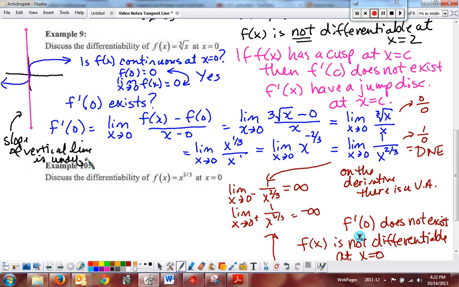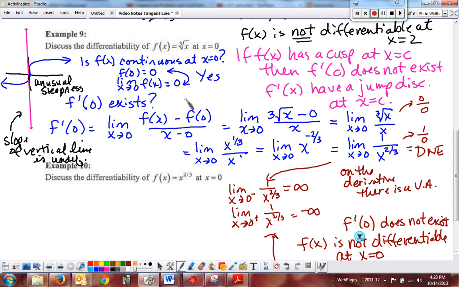Kind of our classic Algebra 1 definition here. And what's happening here is when we have this kind of coming in, this portion of the graph has what we call unusual steepness. And when a graph has unusual steepness, that's going to cause your tangent lines to become vertical, which means they have no slope.